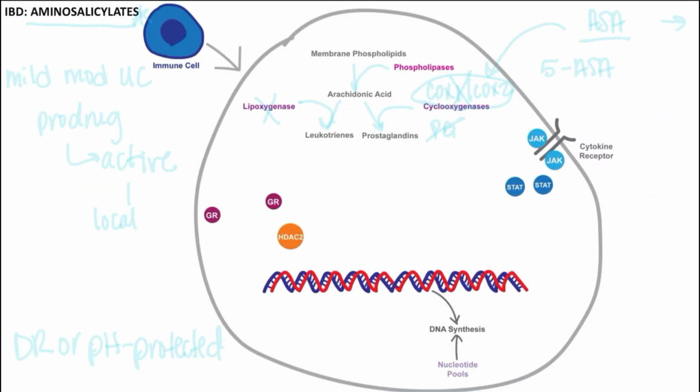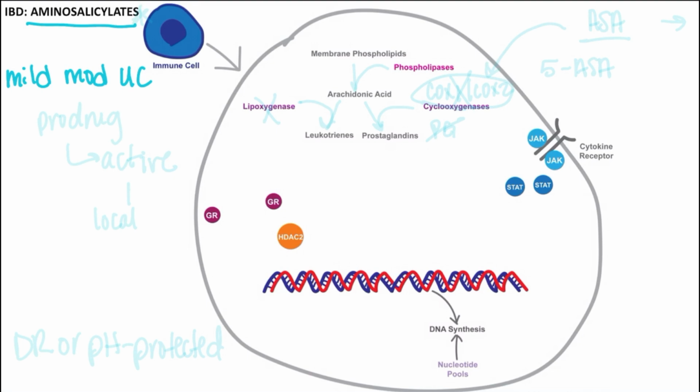So for the first group of agents, we're going to discuss the aminosalicylates, which you may also see as the 5-aminosalicylates or the 5-ASAs. And these are normally only used for mild to moderate ulcerative colitis. And these agents include sulfasalazine, mesalamine, and others.